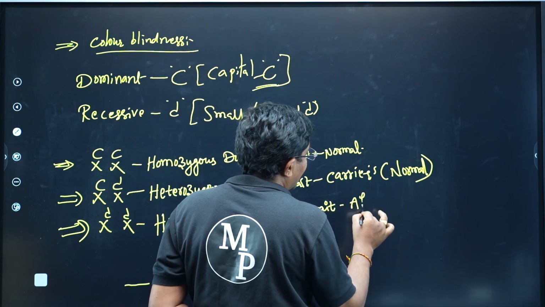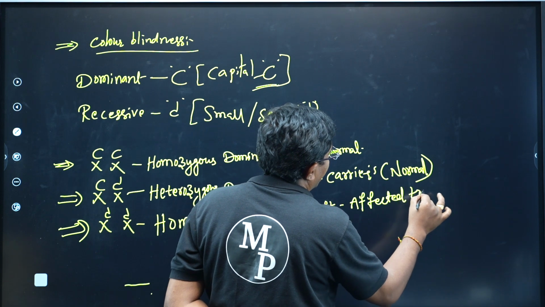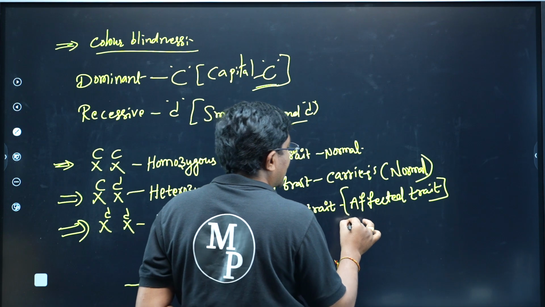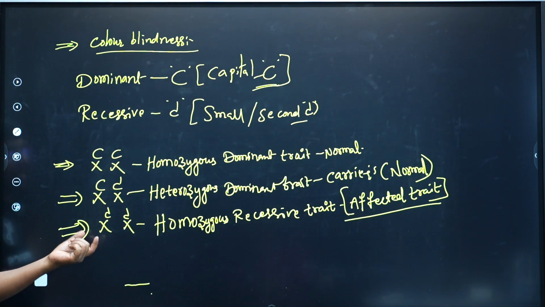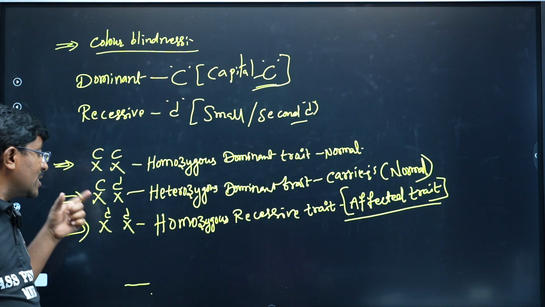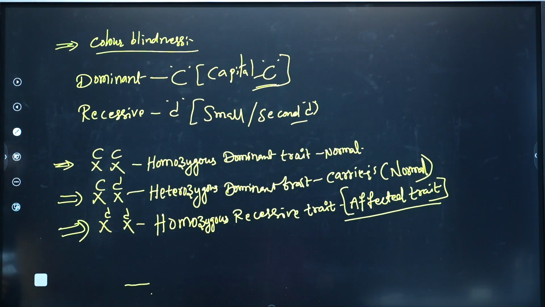It is the affected trait. Only when two recessive genes are present on the two X chromosomes, in this condition the females are affected. It is the female version.